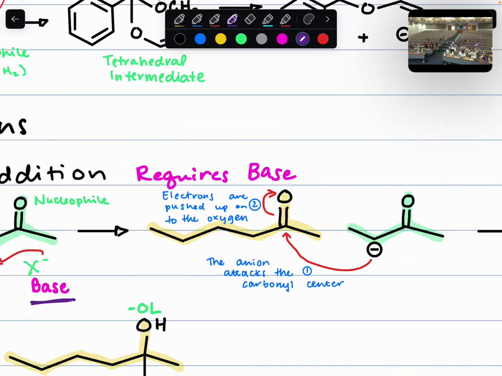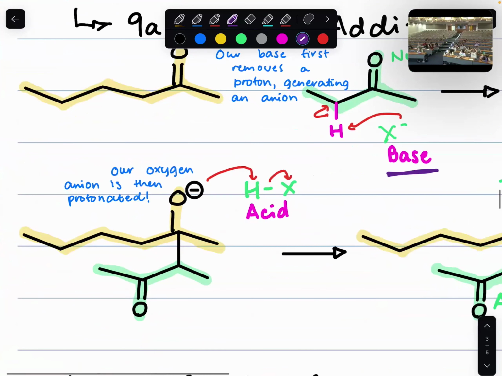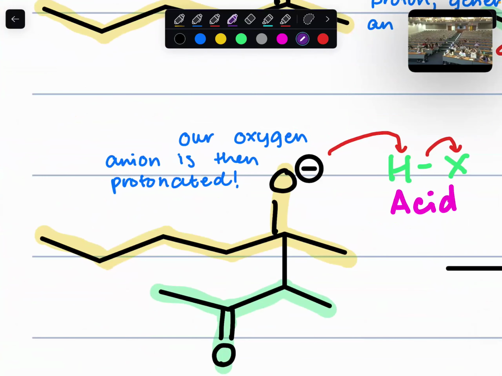So now that we've created that bond, we have this structure. This structure is called a tetrahedral intermediate, because this site is tetrahedral. It's now a carbon with four non-hydrogen things coming off of it.